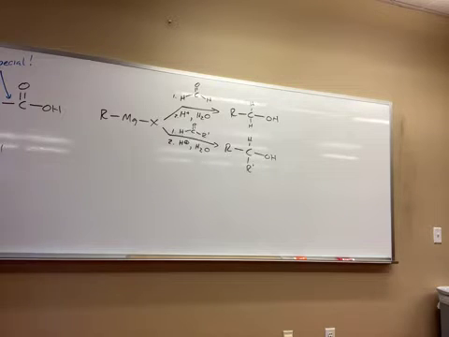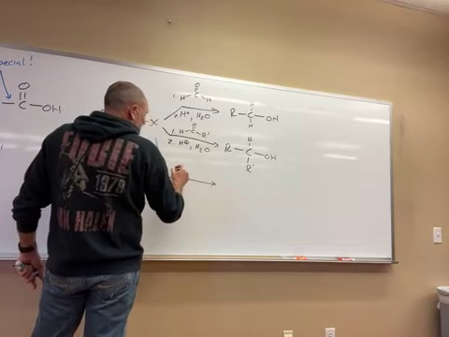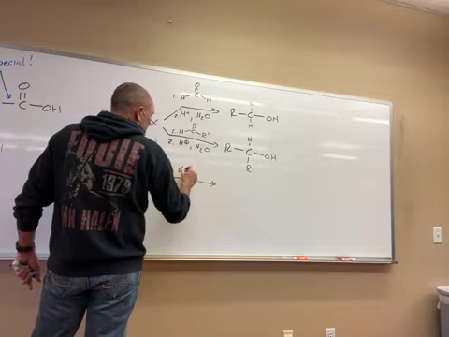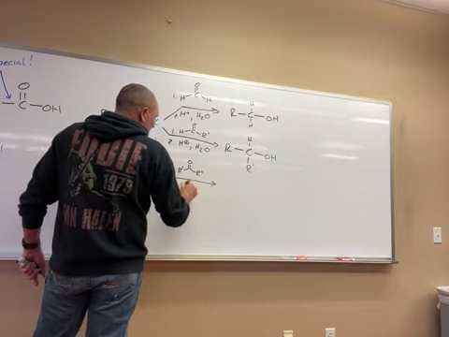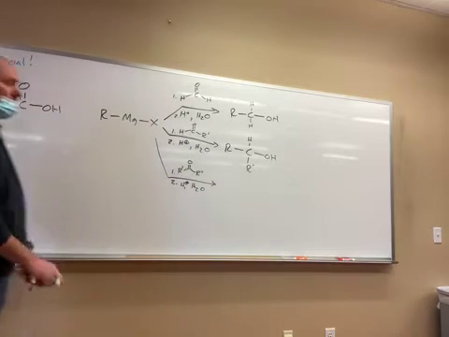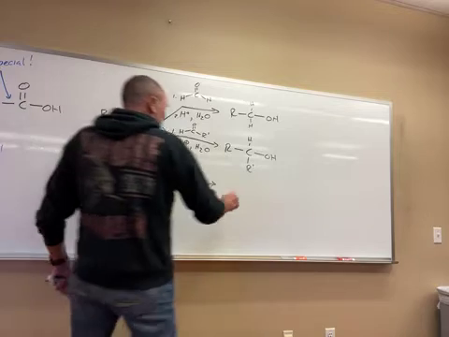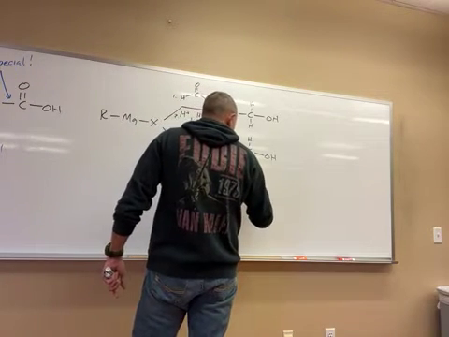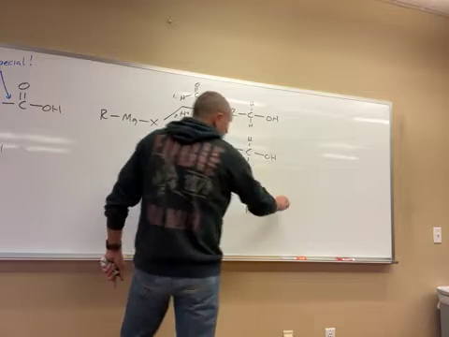And finally, if I react it with a ketone, what do you think that's going to make? See the pattern? It's going to put 3 carbons on, good. So it's going to make a tertiary alcohol. Kind of cool, right?